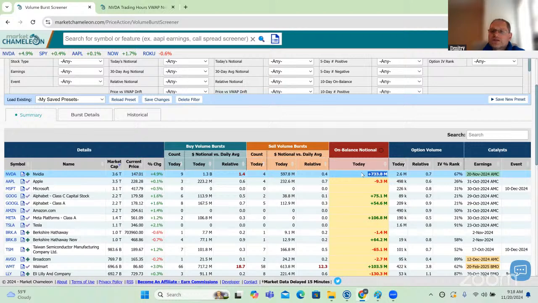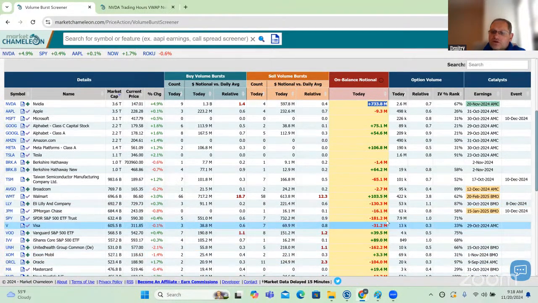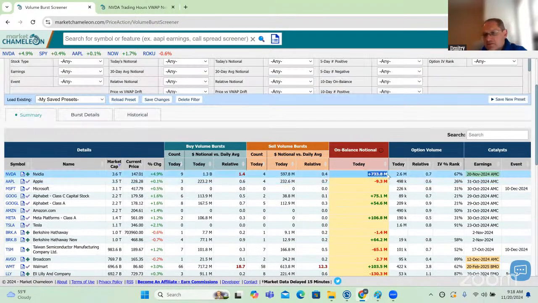So that's just an easier way if we wanted to sort that column, or just scan with our eyes for something. So here we see that there's more of a lean towards the buy side.